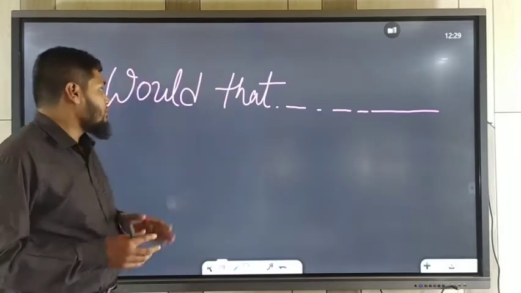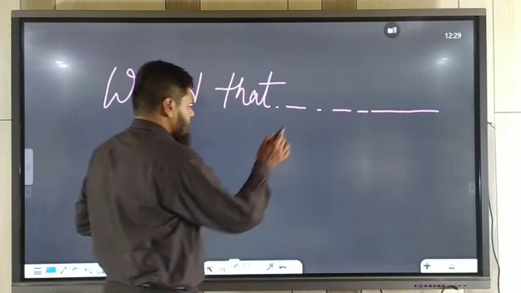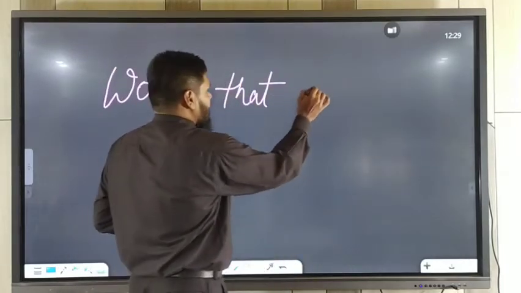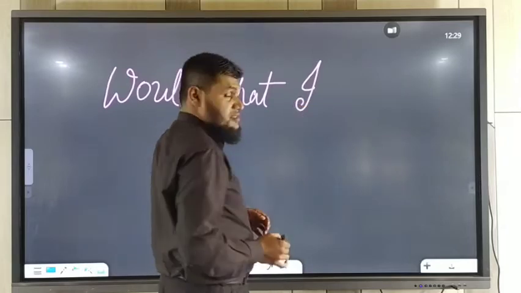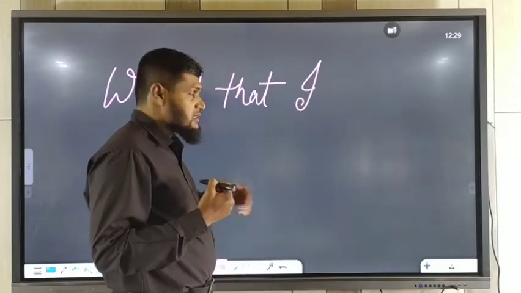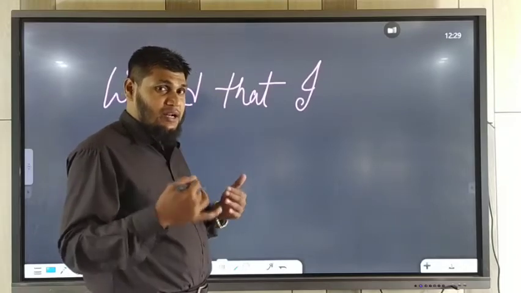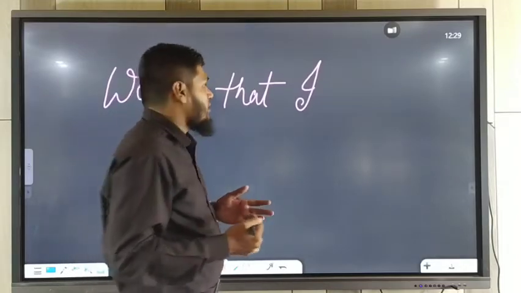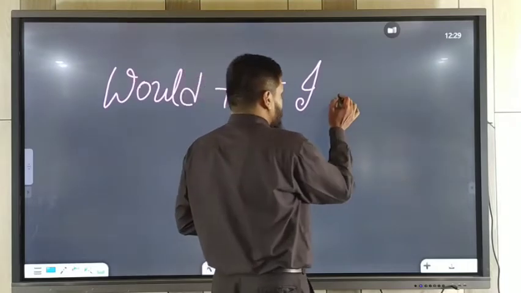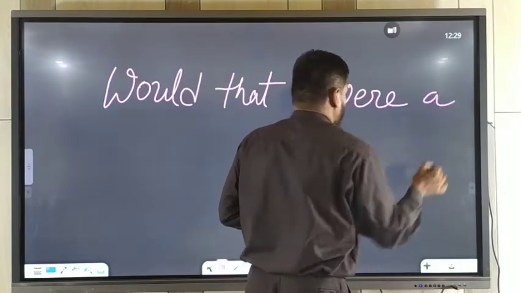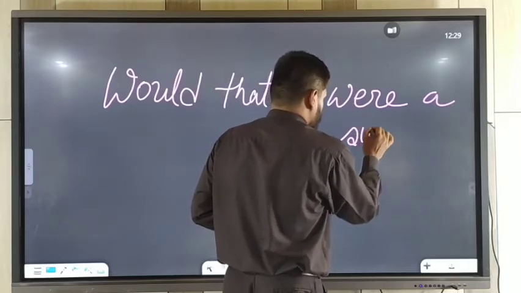Understand? So, would that. At that time I should use the subject I, because it's my desire, not your desire. When you desire, at that time you will write I. Understand? Okay. Would that I were a Superman.